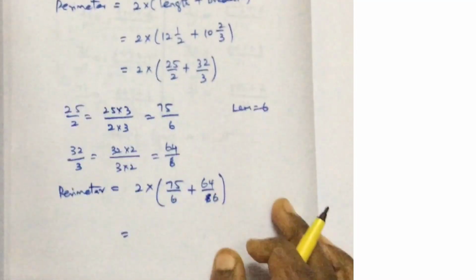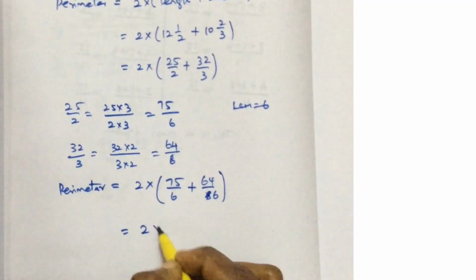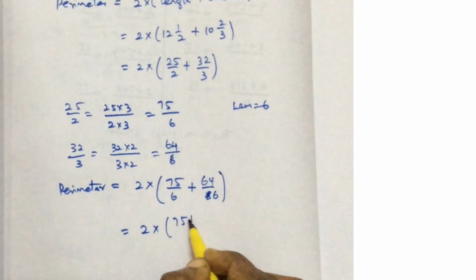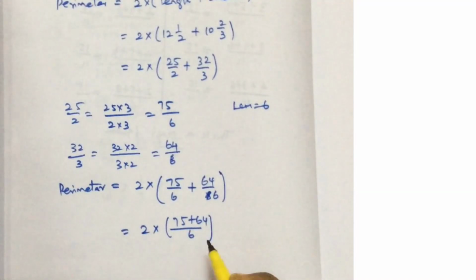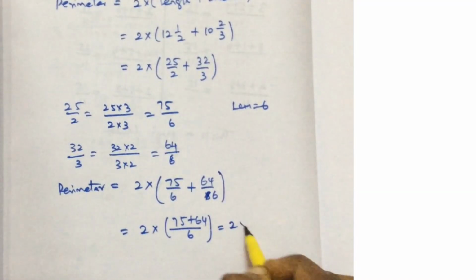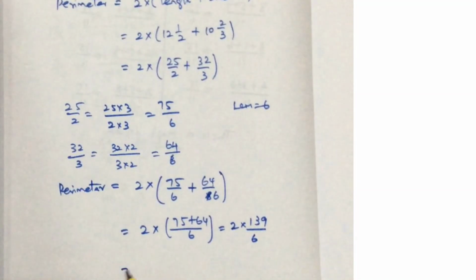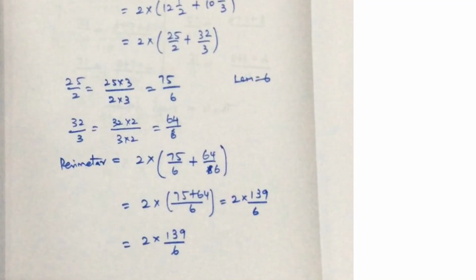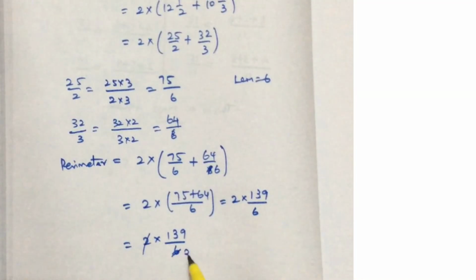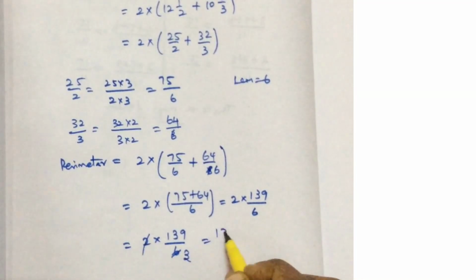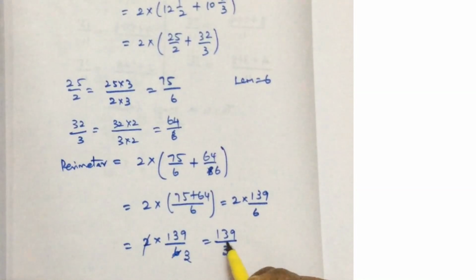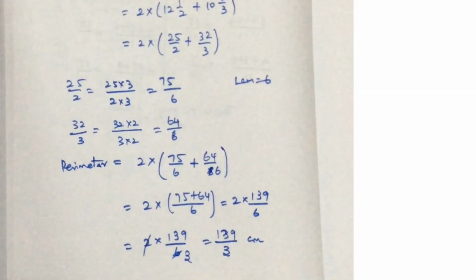That is equal to 2 multiplied by 75 plus 64 divided by 6, that is equal to 2 multiplied by 139 divided by 6. Now here you can cancel, 2 ones are 2 and 2 threes are 6, that is equal to 139 divided by 3 centimeter. So the perimeter is 139 divided by 3.